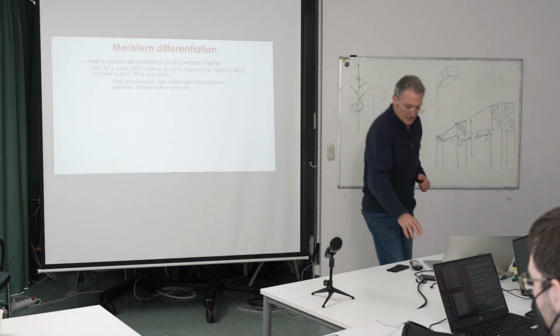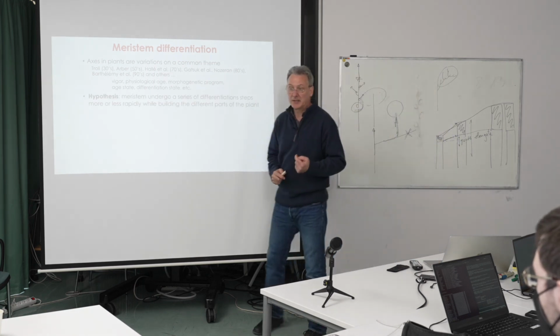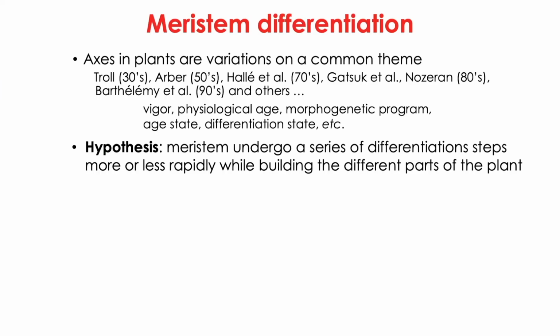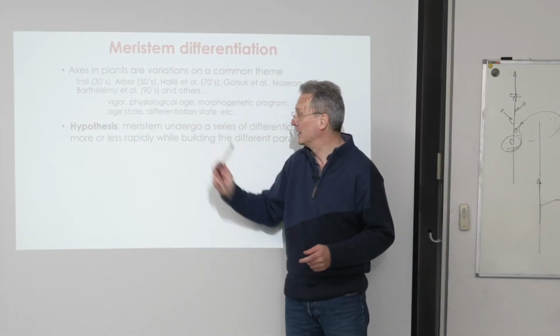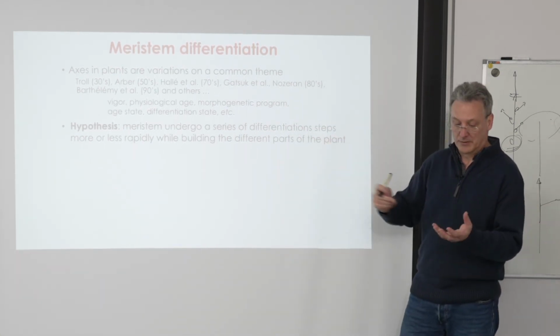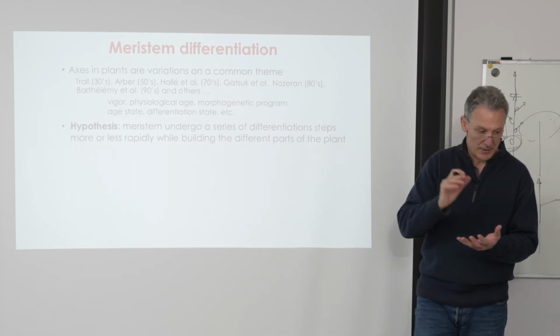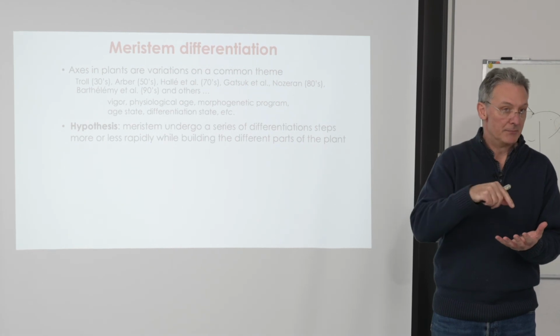And the hypothesis that we can make, and that we will make, again, it's not absolutely sure that plants behave like this, but it is a convenience for describing the plant structure. I must say this first: the architecture is built by the meristems.